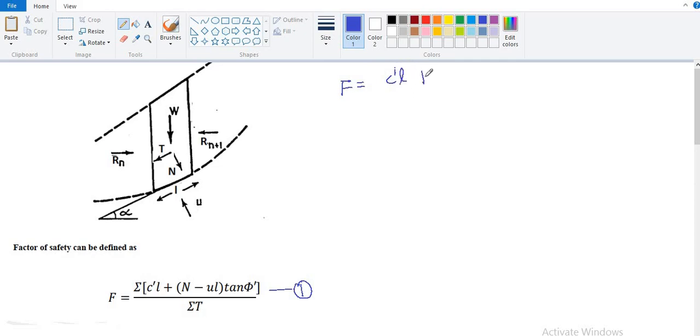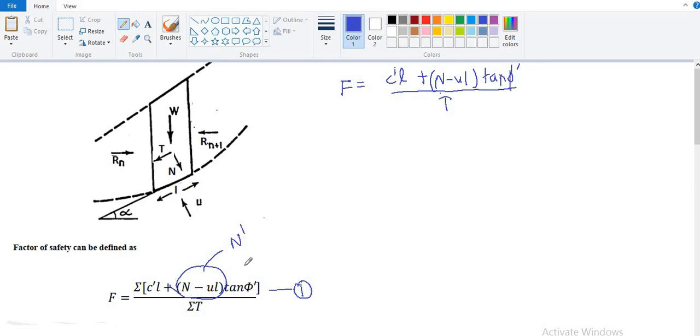C dash L plus N minus UL tan phi dash, divided by T. And we know this N minus UL represents the effective stress, or N dash.